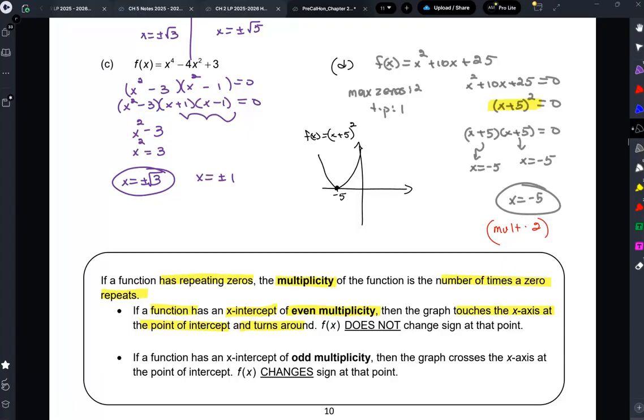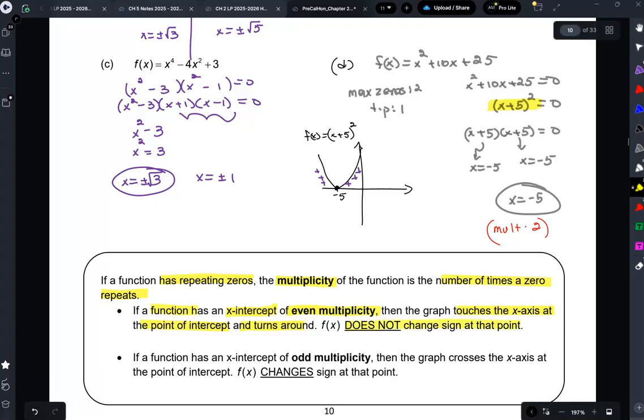That's an even multiplicity. It means the graph touches the x-axis and turns back around. It does not cross the x-axis. But also, if it comes to the x-axis as a positive value, it stays a positive value after the zero.